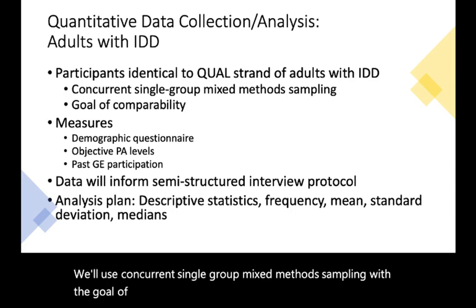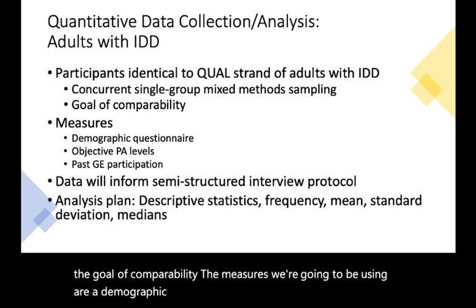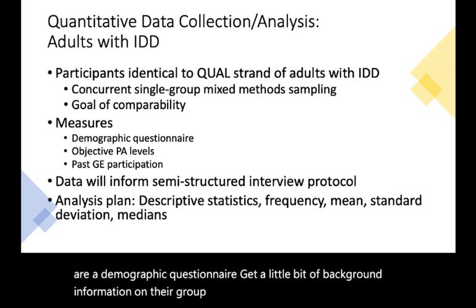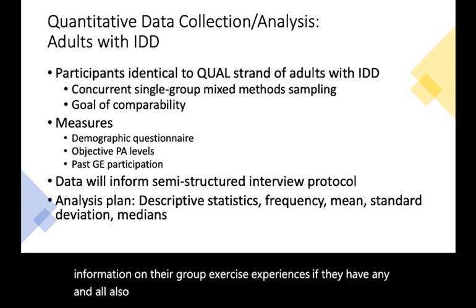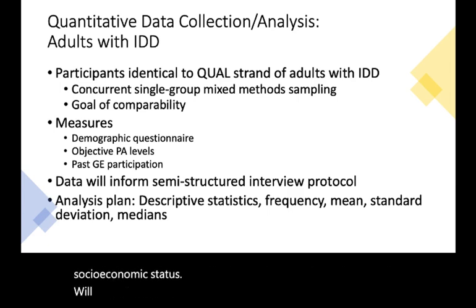The measures we're going to be using are a demographic questionnaire, to get a little bit of background information on their group exercise experiences, if they have any, and also that demographic data such as gender and race and socioeconomic status. We'll be measuring objective physical activity levels.